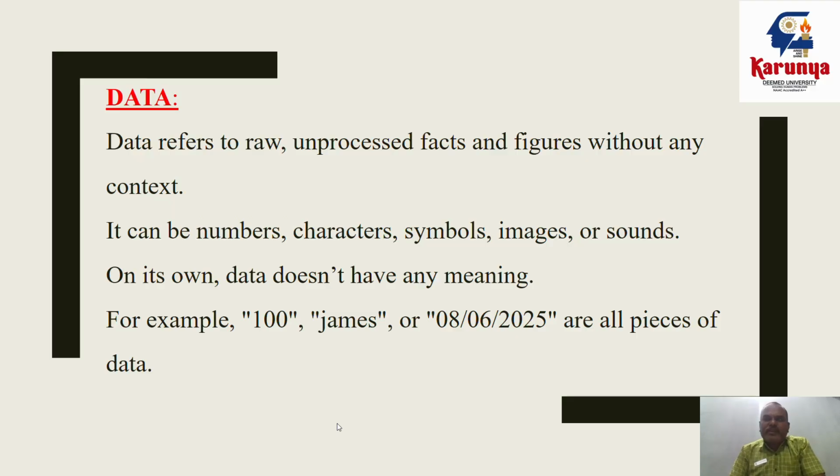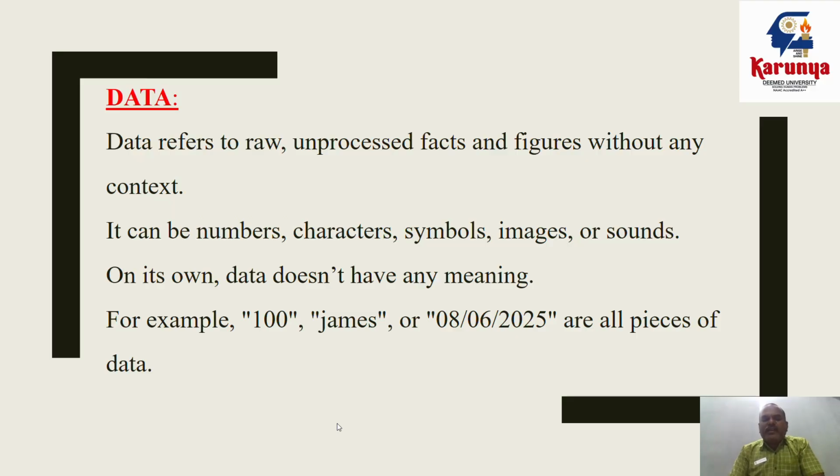It can be a number, for example your date of birth, which consists of some numbers, then some characters, then we may get some symbols, images or songs. These are all raw facts. Whether it is an image or a song, all of these come under one category: raw, which is called data.